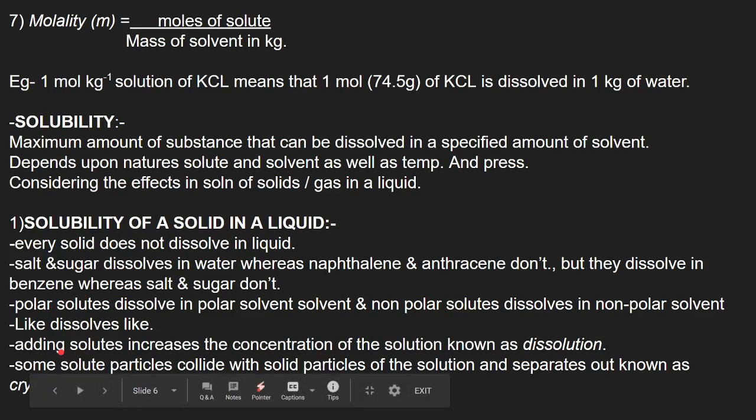Okay, then next is adding solutes increases the concentration of the solution, known as dissolution. Now there's this term dissolution which you should know about. What do you mean by dissolution? Adding solutes increases the concentration of the solution. For example, you are taking an excess amount of salt and trying to dissolve it in water, so it will increase the concentration.